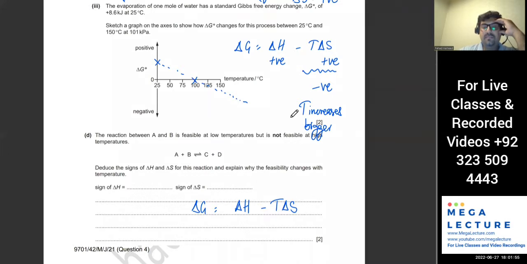He's saying it's feasible at low temperatures, right? So when the temperature is low, it is feasible. That means delta G must have a negative value.